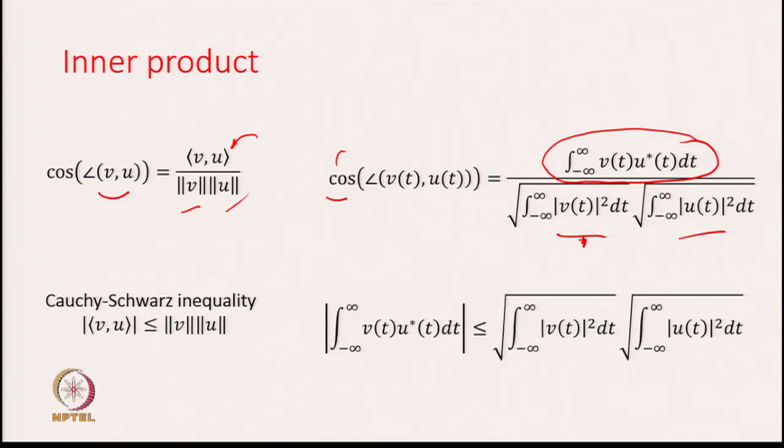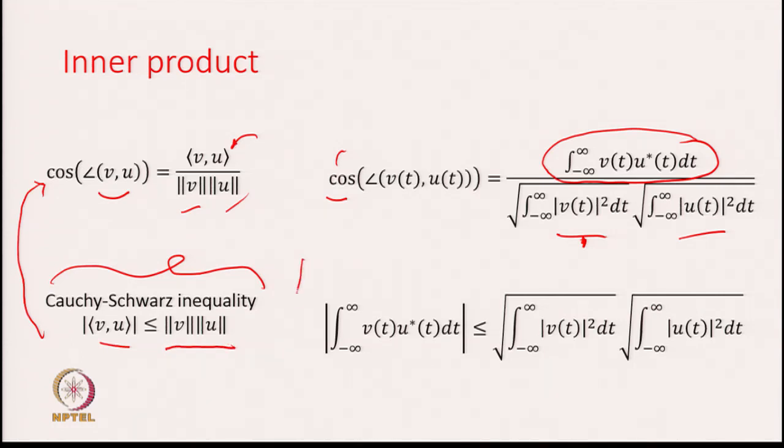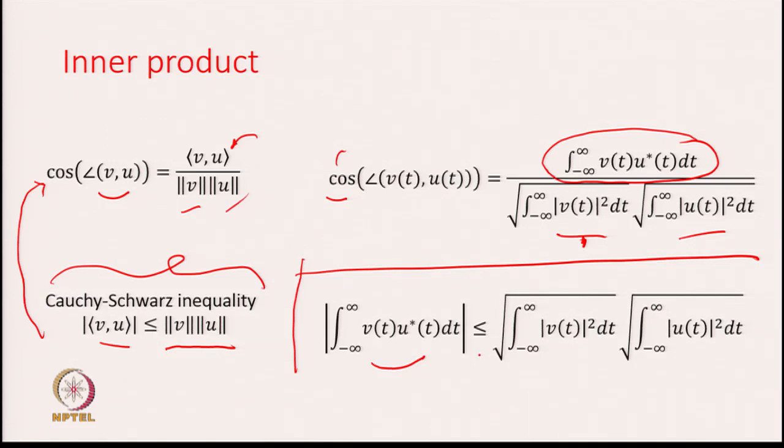In the case of vectors, we learned about the Cauchy-Schwarz inequality, which can be easily derived from this expression. It states that the mod of the inner product of two vectors is less than or equal to the product of the lengths of the vectors. In the case of signals, exactly the same thing follows: the mod of the inner product of two signals is less than or equal to the product of the lengths of the signals.